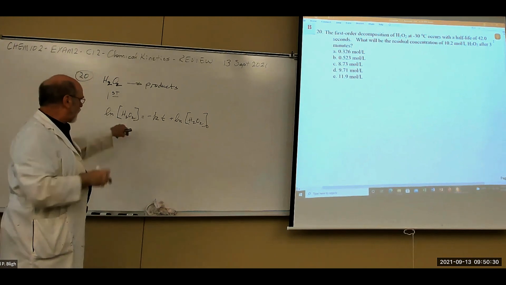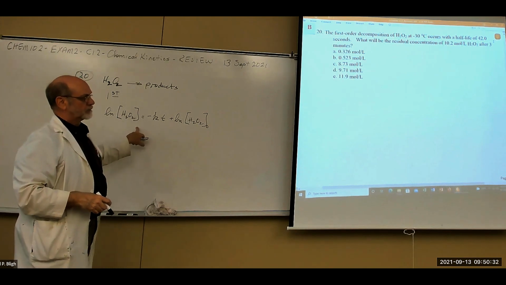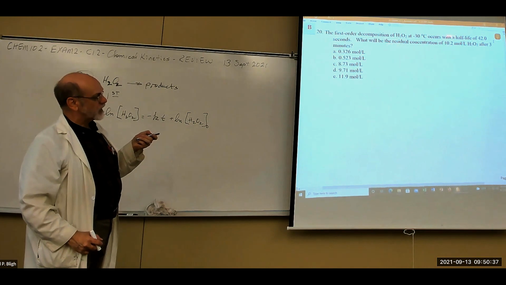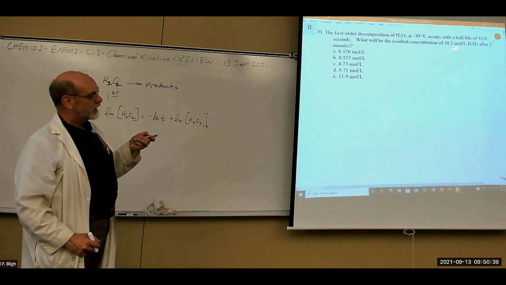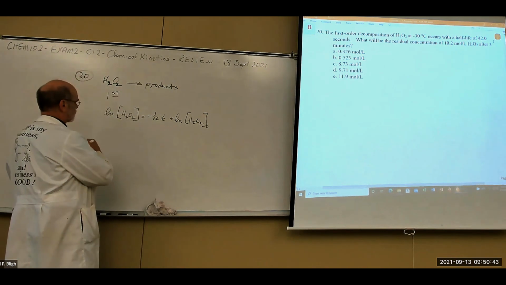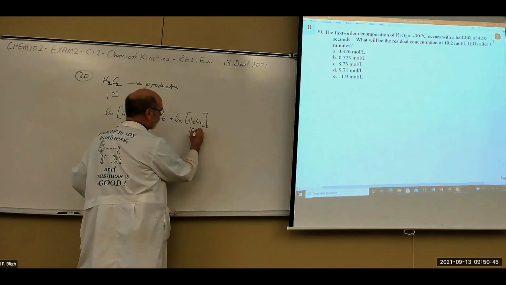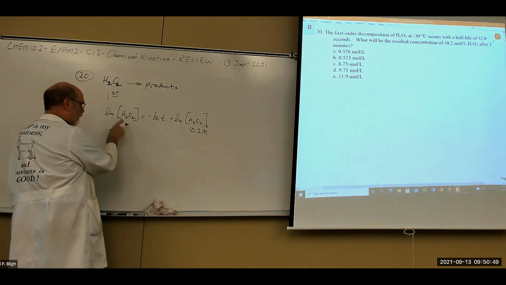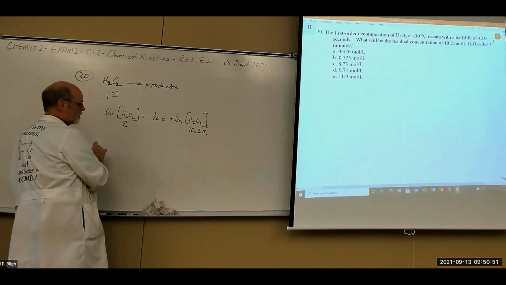So why do I want to use this one? Because the question is, what will be the residual concentration? What's left over after you start from this concentration, 10.2 molar. So if we start with 10.2 molar here, we want to find out what this one is.